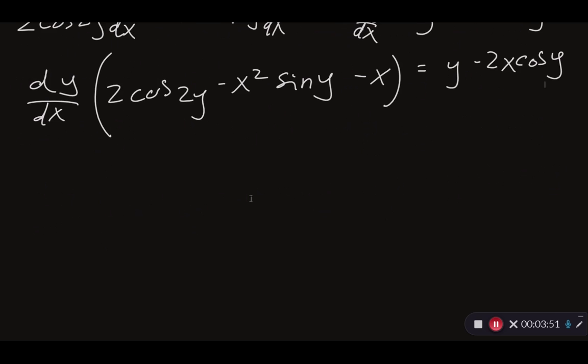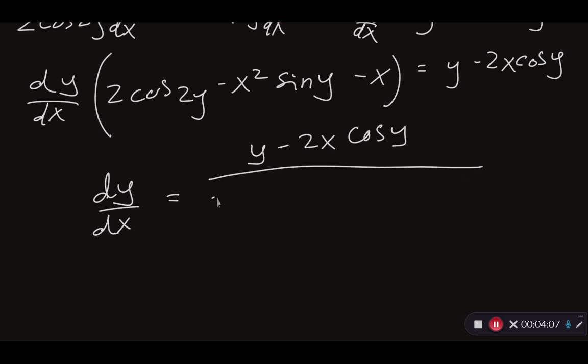And now all we need to do to solve this is divide both sides by this quantity here, and that gives us dy/dx equals y minus 2x cosine y divided by 2 cosine 2y minus x squared sine y minus x. And that's our final answer.